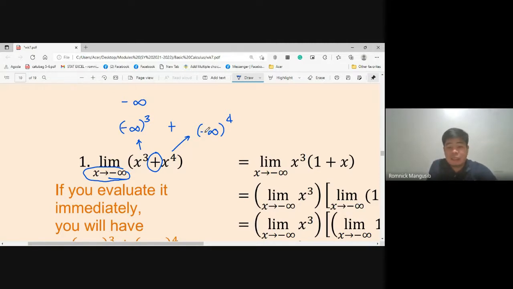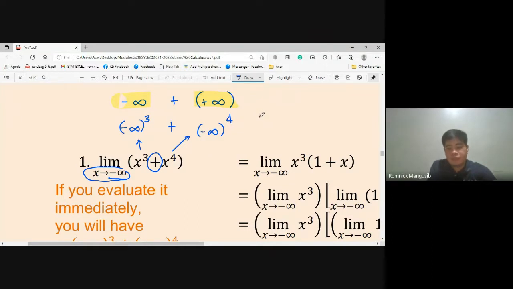This is an even number that is exponent. Anong sabi natin sa even number will always be positive. O pagsamahin mo itong dalawa, hindi ba't nagkokontrahan sila? One is decreasing while the other is increasing. Now, this falls under the idea of indeterminate.